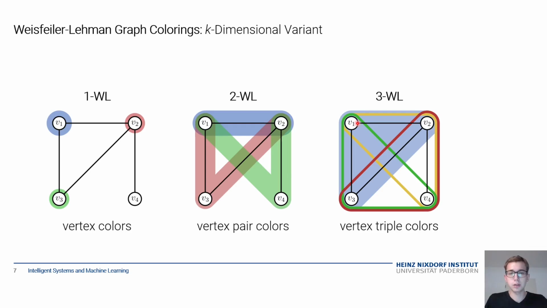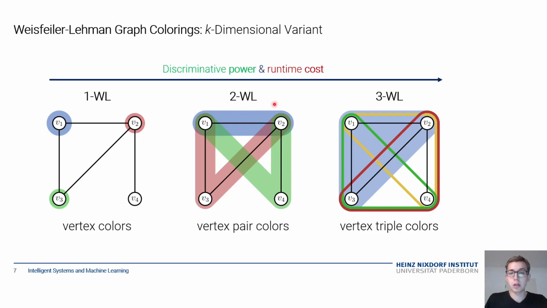The general rule here is that the higher our dimensionality k goes, the higher the discriminative power gets, but at the downside that our runtime cost also goes up exponentially. So there's a kind of trade-off here, and what we propose is that the two-dimensional variant is a particularly interesting balance between power and cost. So let's look a bit closer at that now.